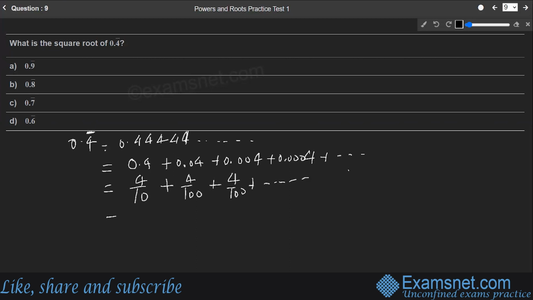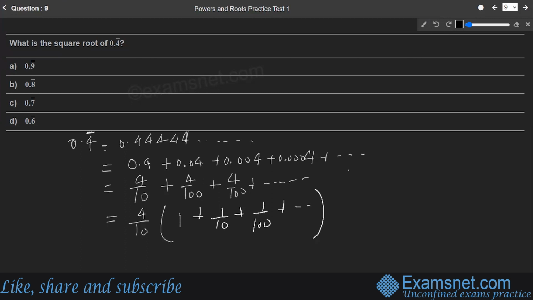Let us take 4 by 10 common. So we are left with 1 plus 1 by 10 plus 1 by 100 plus, and so on.